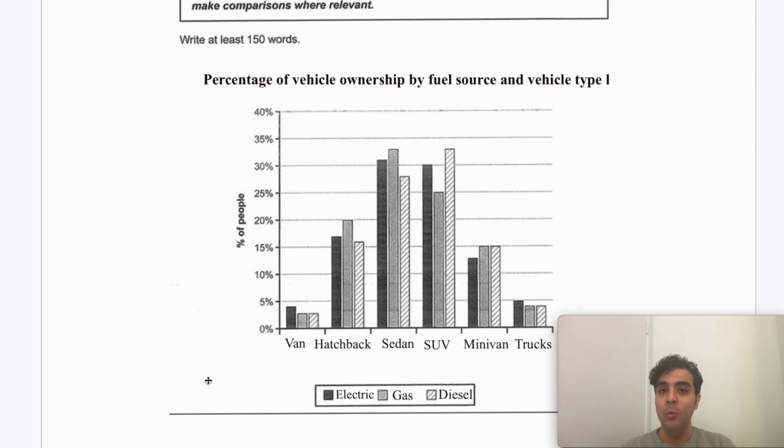Another variable, which this time divides the information into 3 types, is the fuel type, right? So the 2 variables, the 2 criteria, let's call it criteria. The 2 criteria for dividing up the information are A, the types of vehicle, based on which we have 6 categories, and then we have fuel type, based on which we have 3 categories.